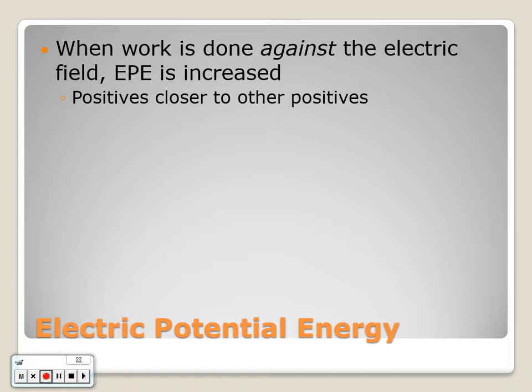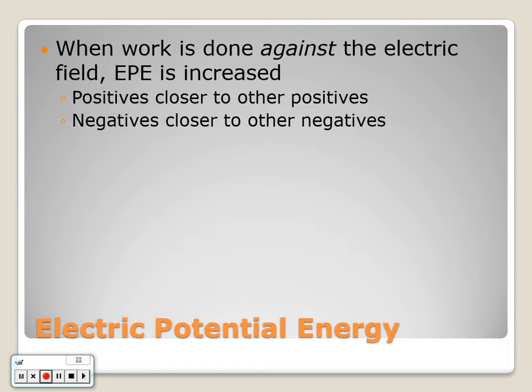Hopefully, logically, you can figure out what the second one is. If we move negatives closer to other negatives, right? If we move something negatively charged towards something that also is negatively charged, right? That will increase the electrical potential energy too.